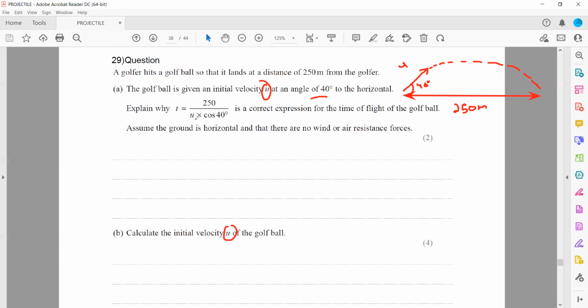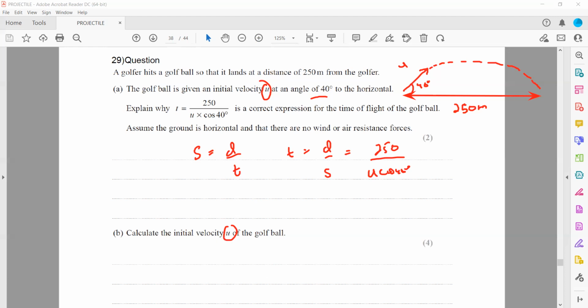How is time given by this expression? It is the same thing: speed equals distance divided by time, so time equals distance divided by speed. Distance is 250 and, because it's about the horizontal, the speed will be the horizontal component u cos 40. That will give us the time. Now we need the initial velocity.